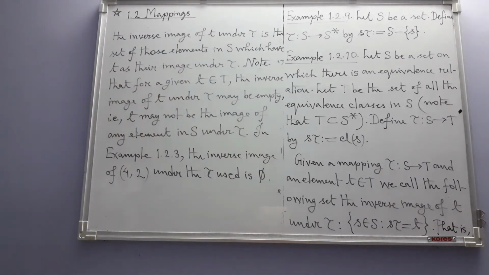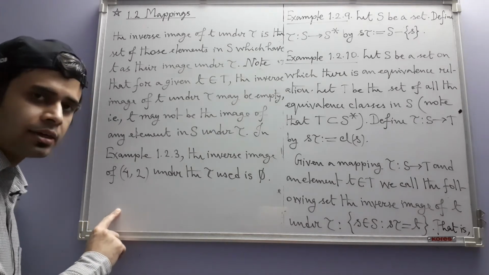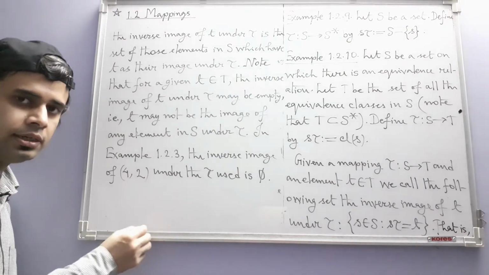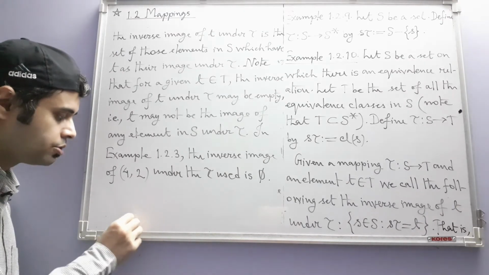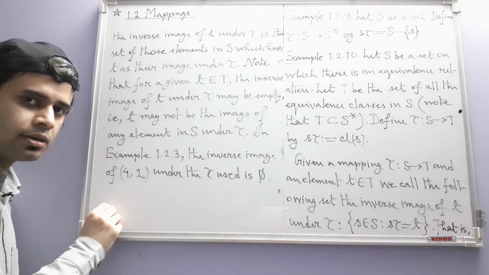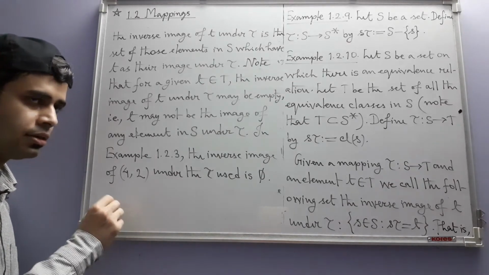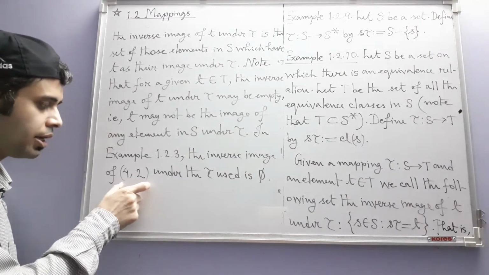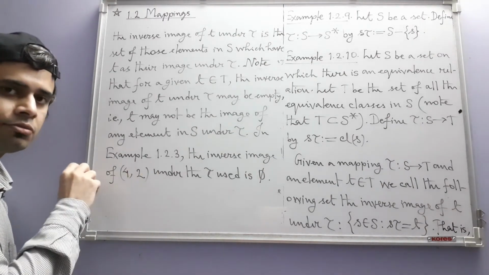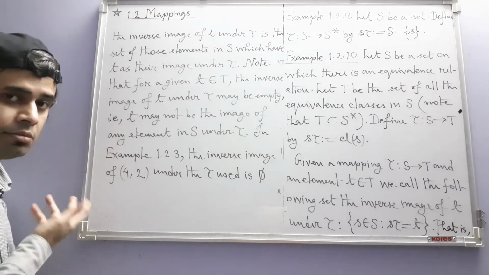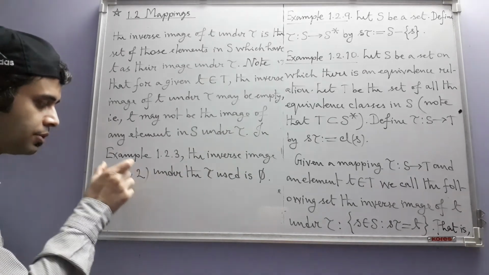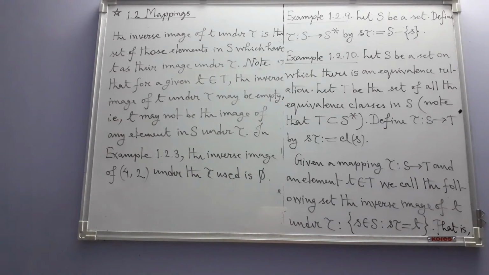If you remember, it is that mapping which takes a positive rational number, then gives you the ordered pair of those positive integers whose ratio is equal to that positive rational number and which are relatively prime. So since these 4 and 2 are not relatively prime, this pair will not appear as the image of any positive rational number under that function tau. So the inverse image of this under tau is empty.